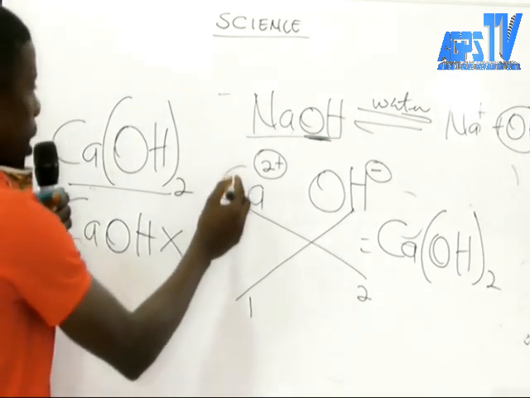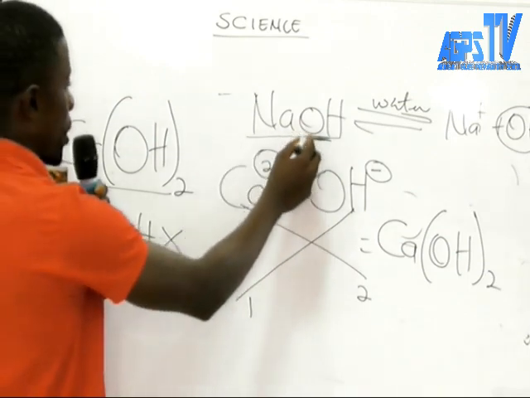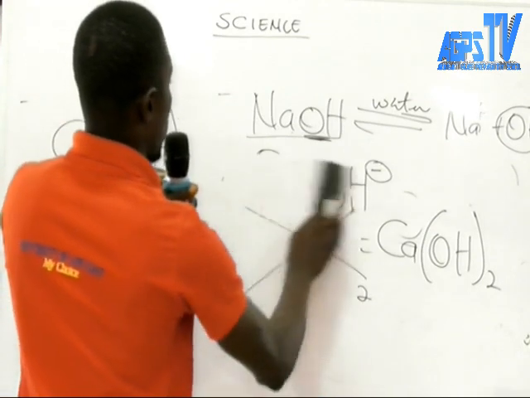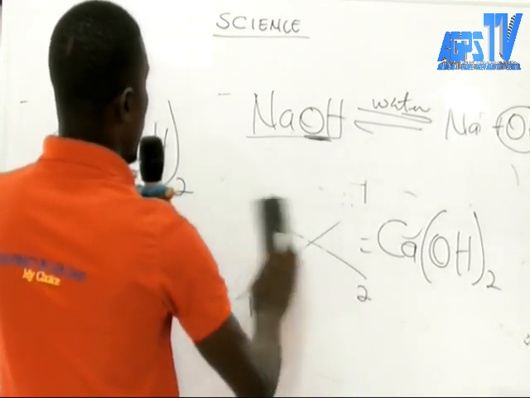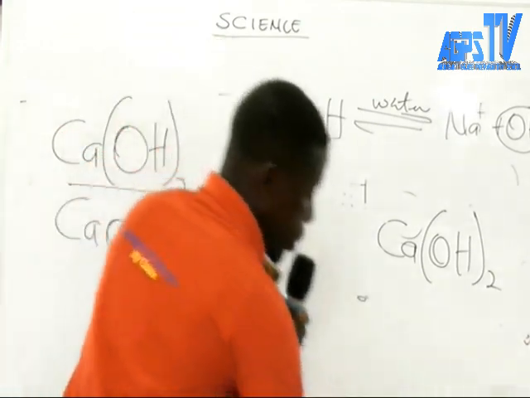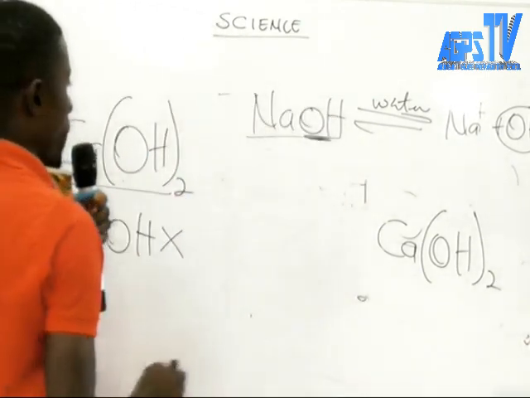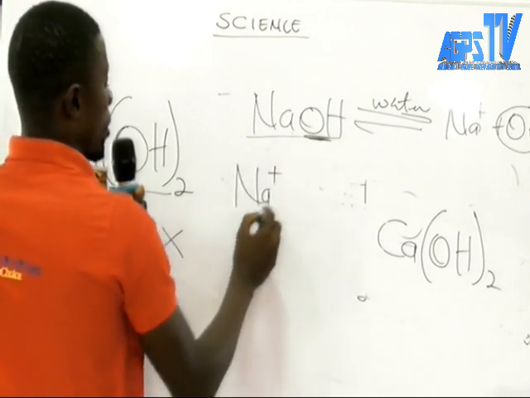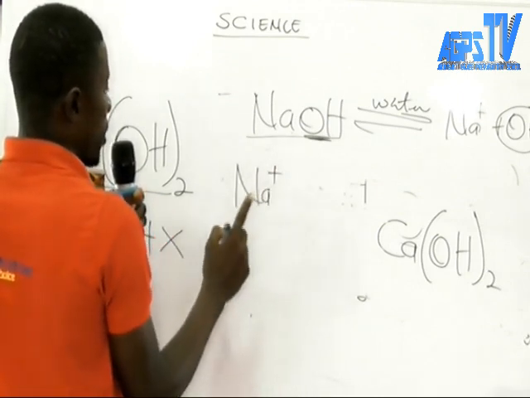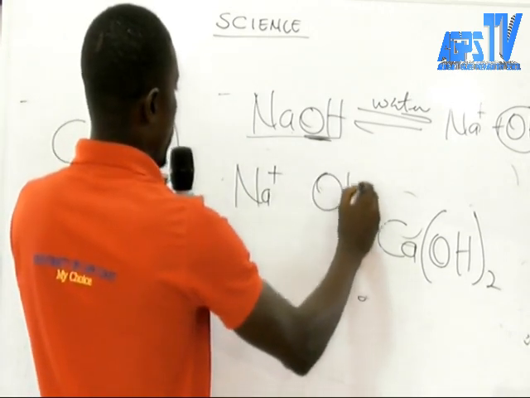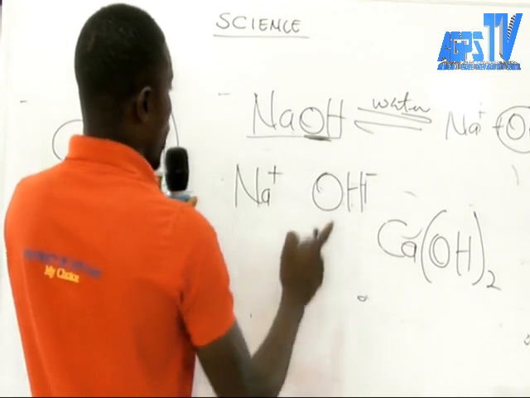Now, the reason why we write sodium hydroxide as NaOH, let's go to this formula. Why not in the bracket form? The charge of sodium is Na plus, which means it has a charge of 1. OH has a charge of negative 1.